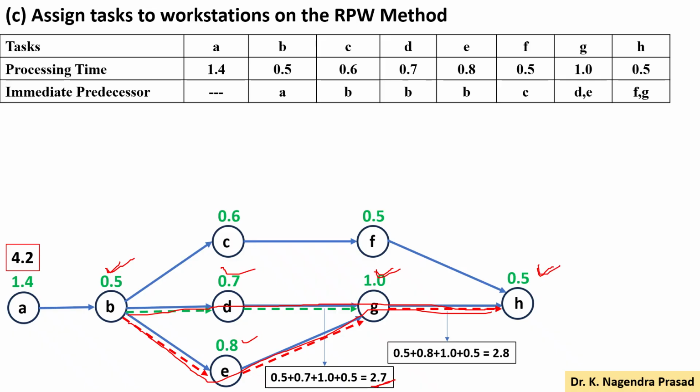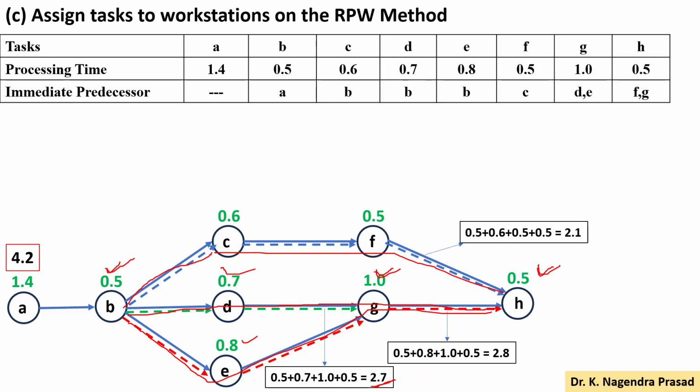Similarly, another possible path is B, C, F, H. In this path, the positional weight is 0.5 plus 0.6 plus 0.5 plus 0.5, which is equal to 2.1. Among all the paths, the longest path is B, D, G, H. So in this path, the positional weight is 2.8.